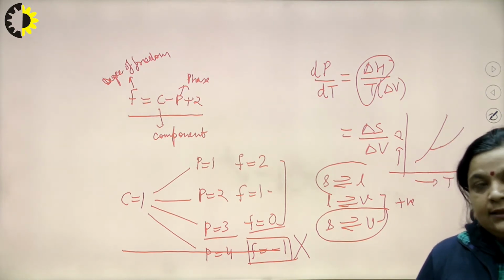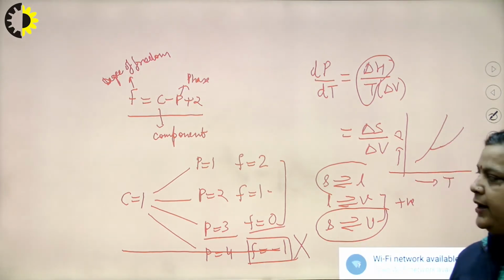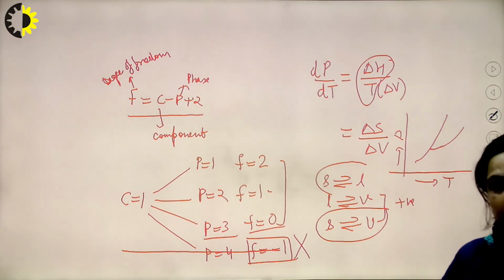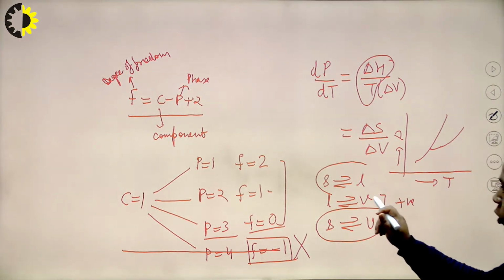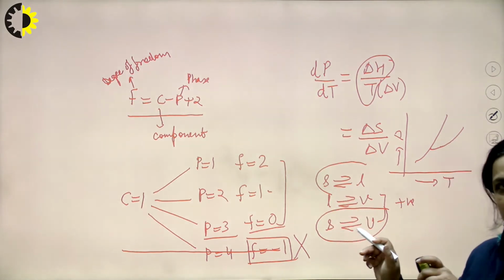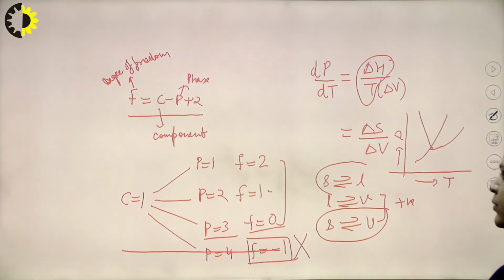That is, the volume contracts, and when it contracts, the randomness decreases. So, for the water system, the slope between ice and liquid water will be negative.